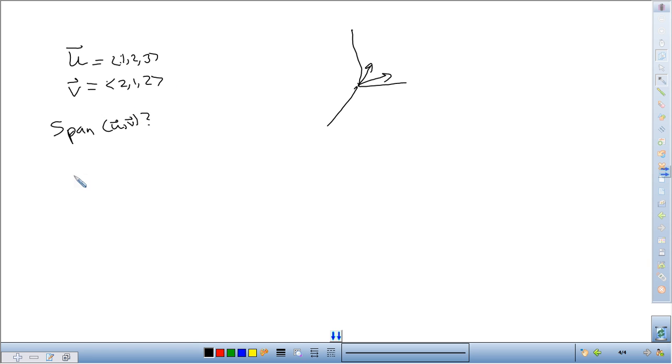So first off, we need to determine: so long as it's not the zero vector, one vector will span a one-dimensional space. Potentially the second vector will add a second dimension to our space, or it will just stay in that first dimension. And we need to figure that out.